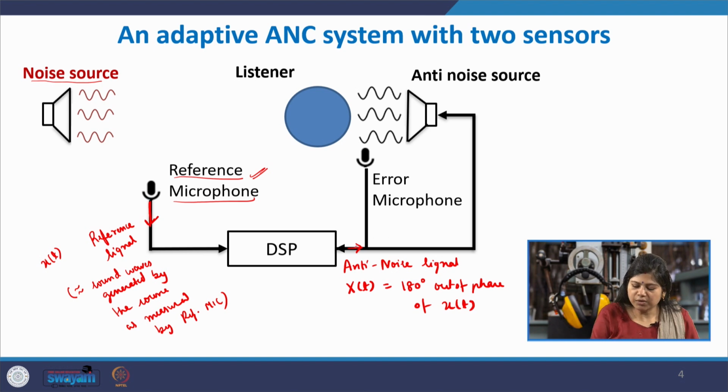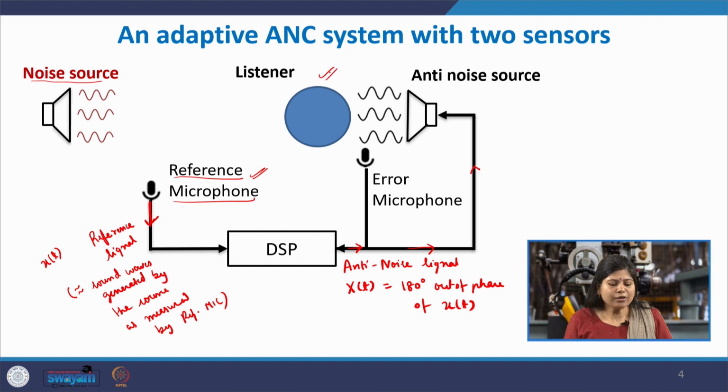This signal would be sent to the secondary loudspeaker, or the anti-noise source, which will then create this out-of-phase signal, and hopefully these should cancel each other near the listener's ear and there should be noise reduction at the listener's ear.